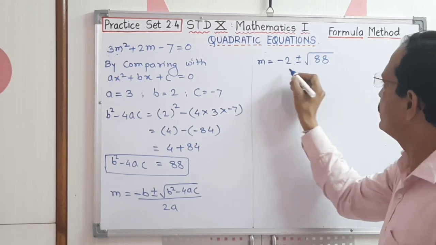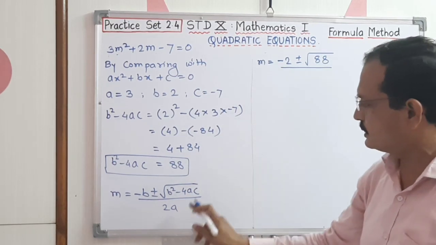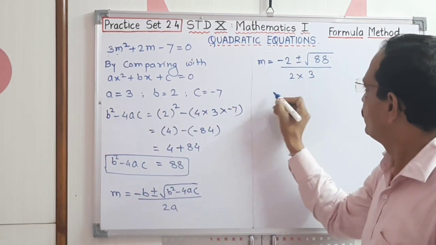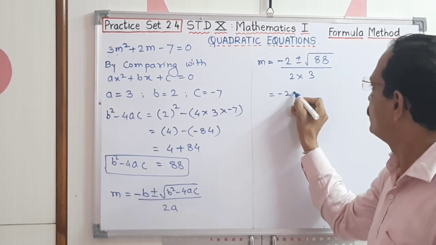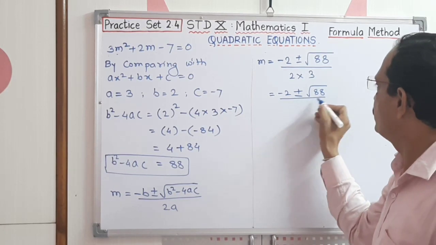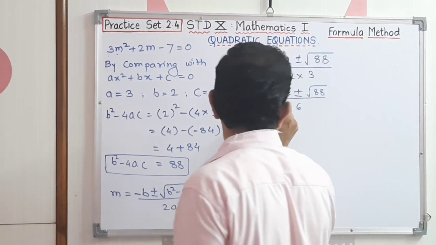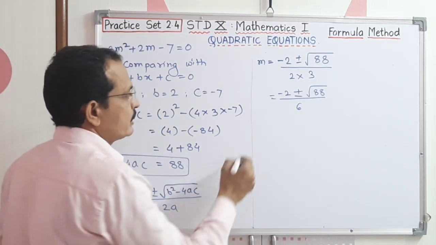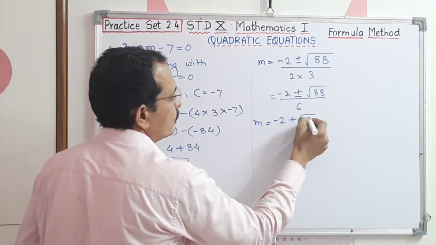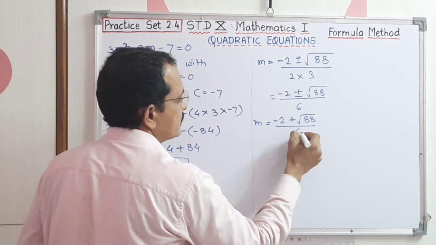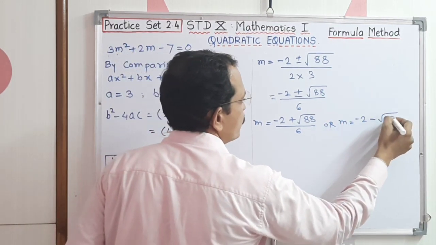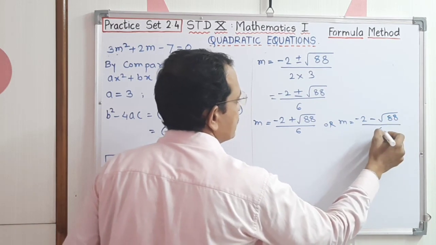This is the value of the discriminant b square minus 4ac, then 2 into a is 3. Now we get minus 2 plus minus under root 88 divided by 6. Now see here m is equal to minus 2 plus root 88 upon 6, or m is equal to minus 2 minus root 88 upon 6.